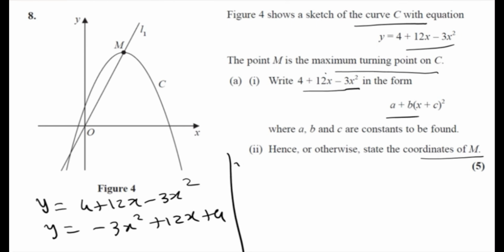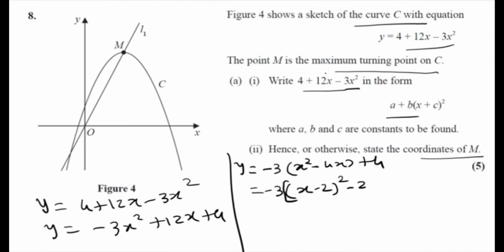So here y = −3, I am taking it common, so that will give me x² − 4x + 4. So (x − 2)² − 2² + 4.